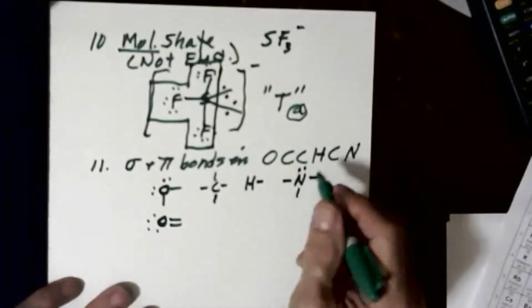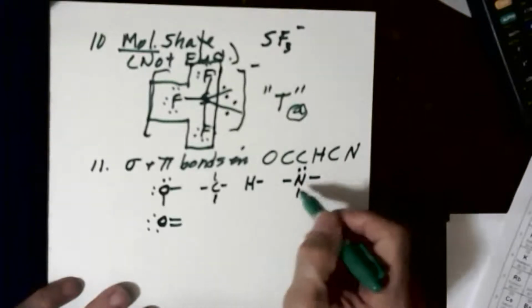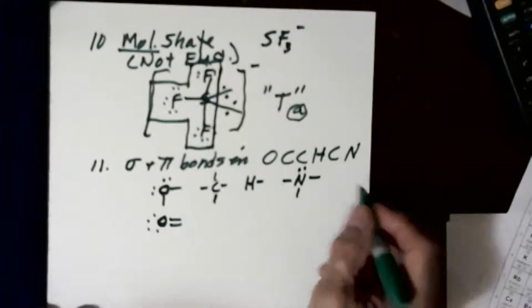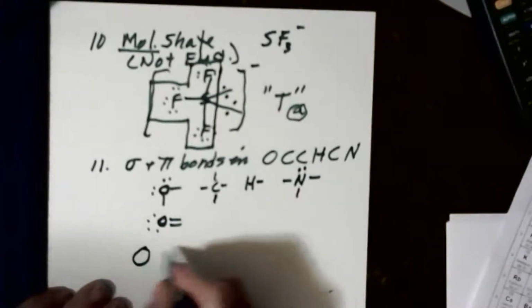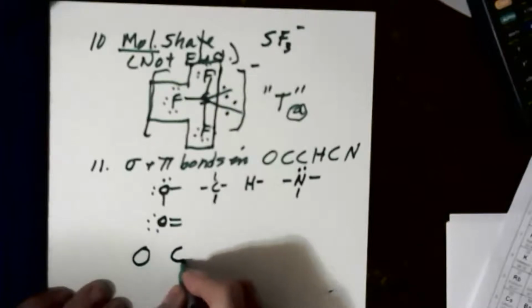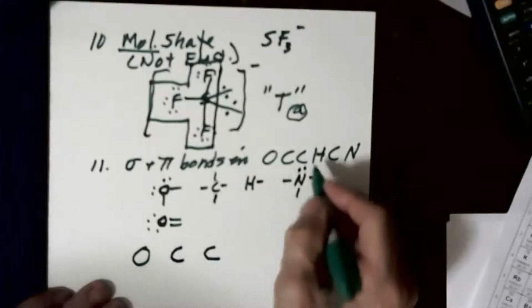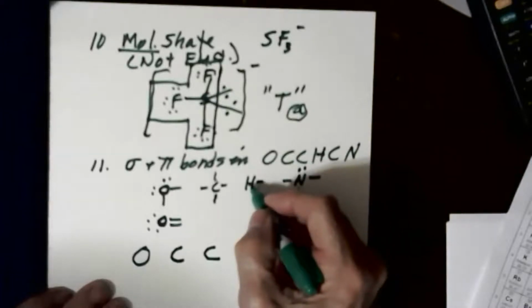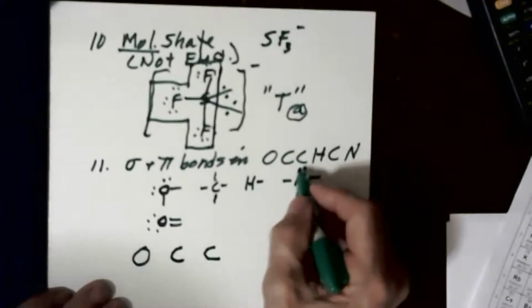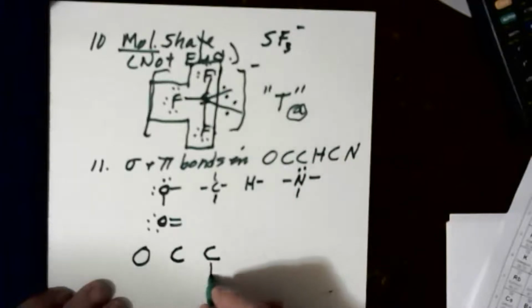And again, it could be 3 singles or a double and a single or triple. So let's see what we've got up here. The first thing we want to do is put our atoms down where they should go. Now that hydrogen can't be there because it can't have 2 bonds, can't be in between 2 atoms. It's got to be on that carbon. So I'm going to go ahead and put it on that carbon right now.